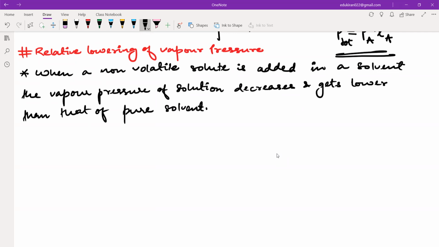And obviously, see what happens if you have pure solvent, all the surface will have solvent particles, that is liquid.